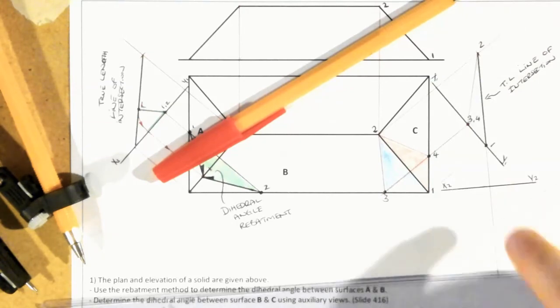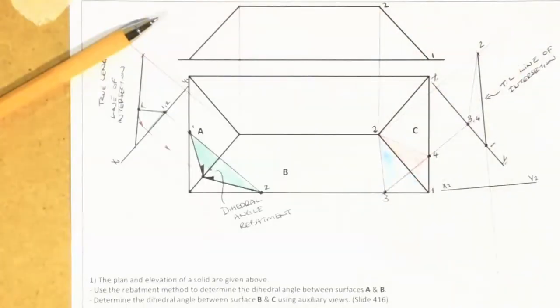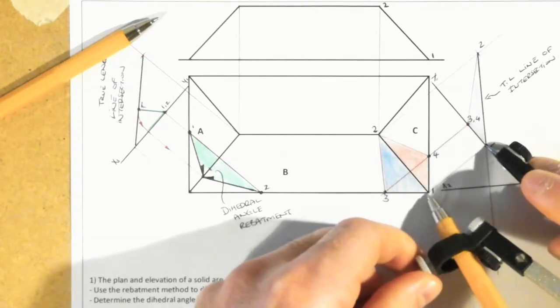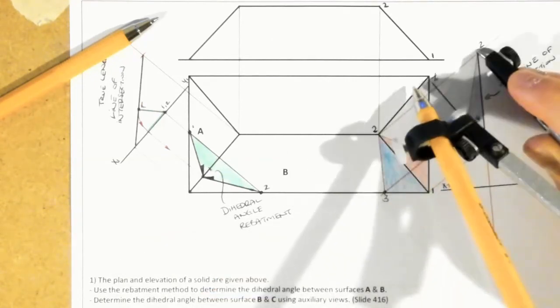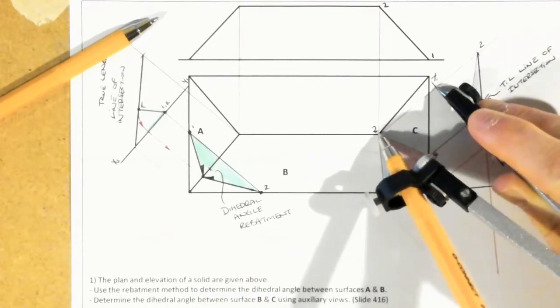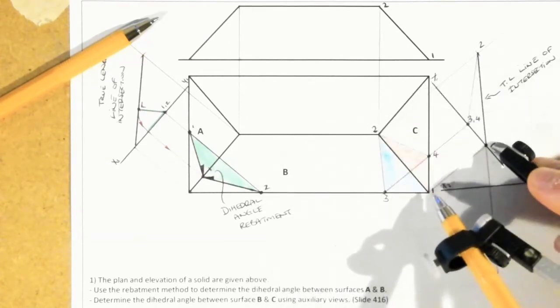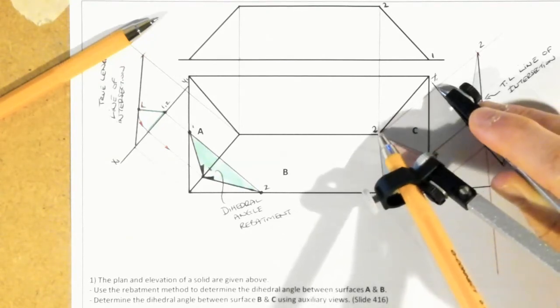I want to see the line of intersection as a point view, and that's very simple. From my x1, y1, I just take the distance back, because the distance from the x1, y1 back to 1 is the same as the distance from the x1, y1 back to 2.